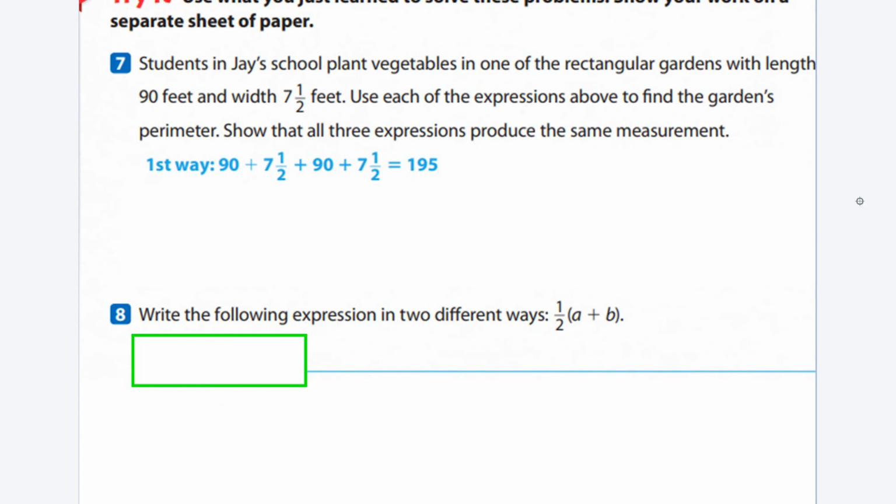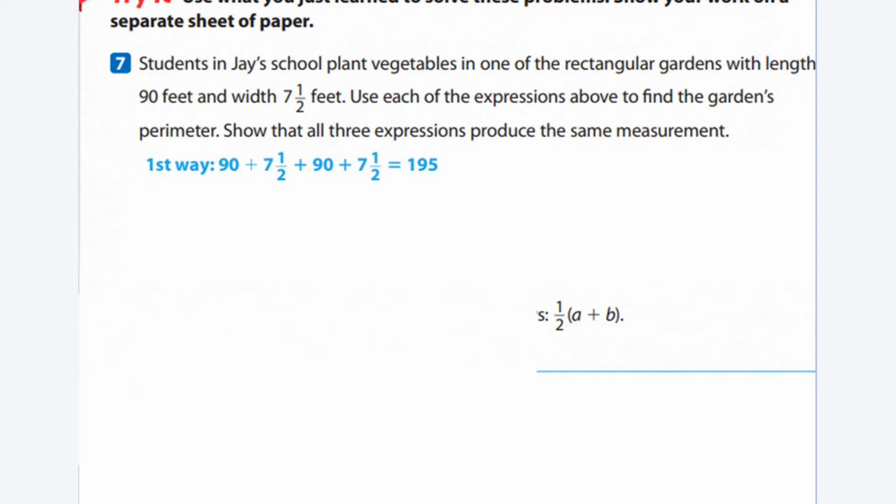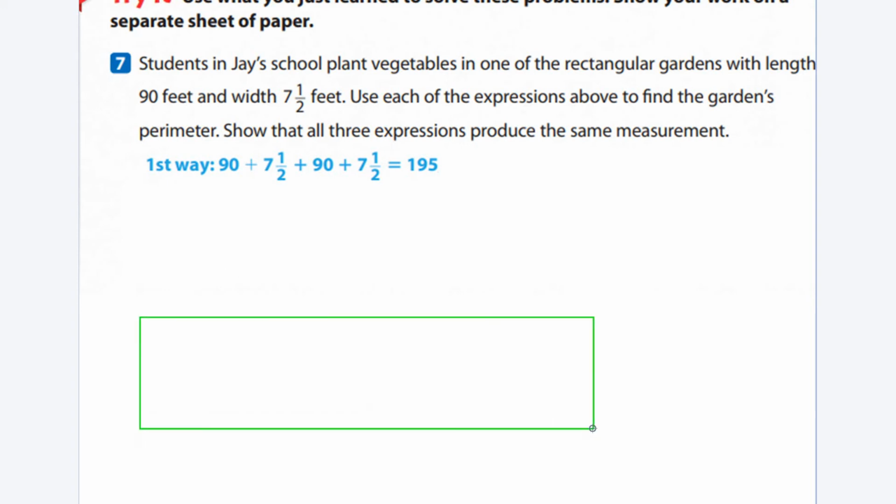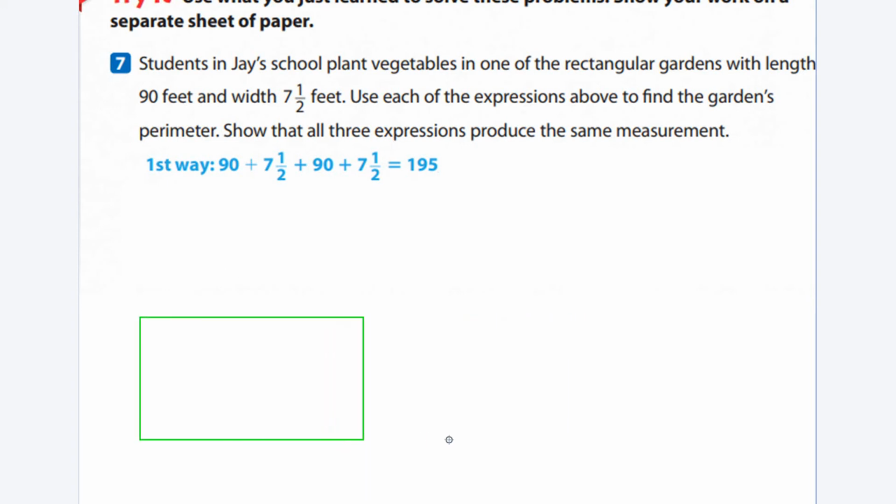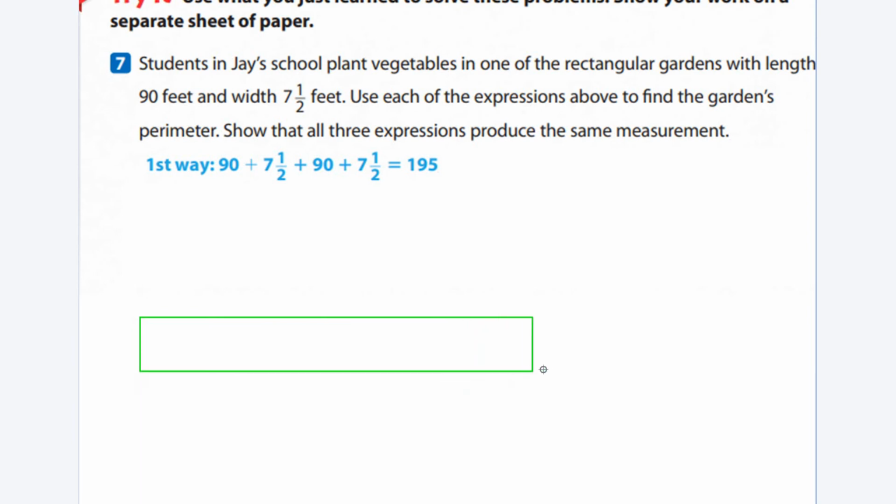Here's the first way of finding the answer. You do the 90 plus 7.5 plus 90 plus 7.5. Hopefully you guys were drawing out the rectangle, as I will do right now here, so you guys can see that. Okay, so we'll do our best here.